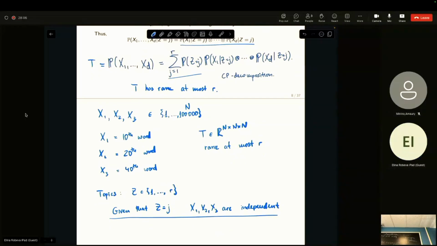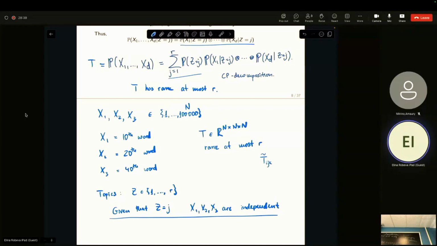And so now why is this interesting? Well, suppose that you have a lot of news articles and you try to estimate this joint distribution tensor from the data. So you have an empirical estimate of this tensor, and of course it's very large. What's going to happen is for each document that you see in your news article, you record, in the ijk entry, maybe T tilde ijk, this will be the estimate.